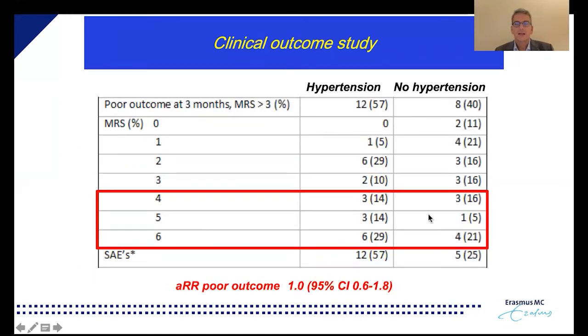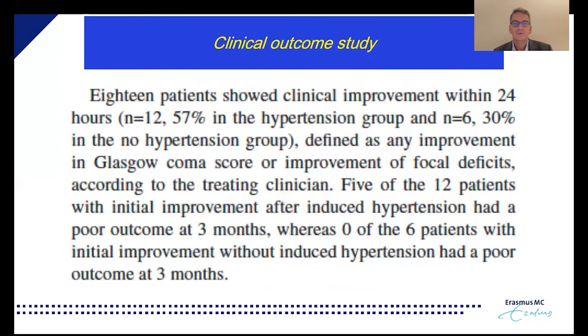And then regarding the outcome, of course, this was an underpowered study of 41 patients, but we did not see any signal of benefit of induced hypertension in spite of the signal of an increased cerebral blood flow in the induced hypertension group. And this is interesting.